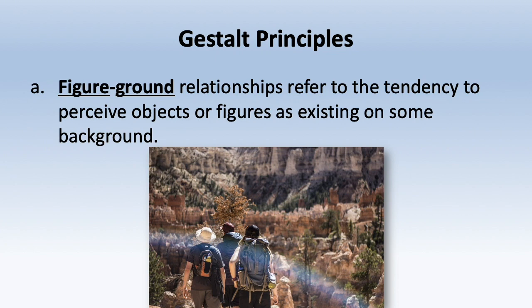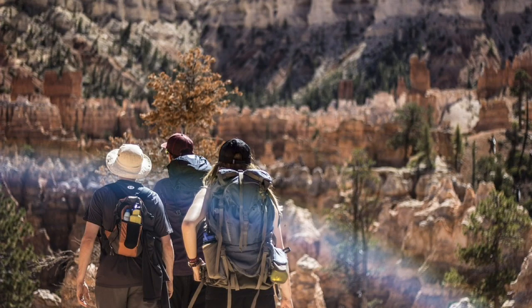Let's talk about some of the principles of perception that Gestalt psychology adds. In Gestalt, the figure-ground relationship refers to the tendency to perceive objects or figures as existing on some background. For example, here is a picture of 3 people backpacking.